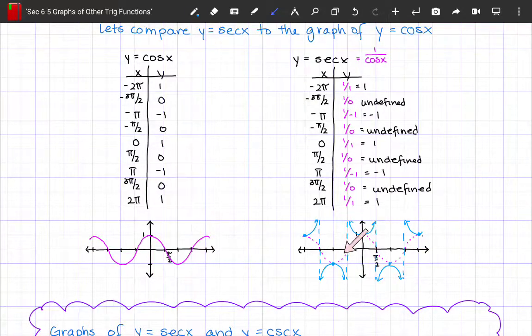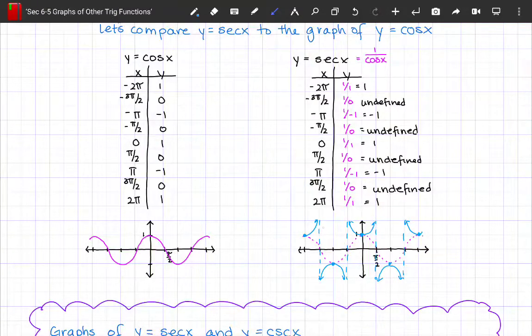And then likewise here, all of these values are negative. So it makes sense that the reciprocal of negative values would still be negative. But these values are between 0 and -1. So when you take the reciprocal of them, they're going to be less than -1. And that's what makes these U-shapes. And so that's what we do. When we graph a secant graph, we'll graph the corresponding cosine graph to help us figure out where the asymptotes are going to go.